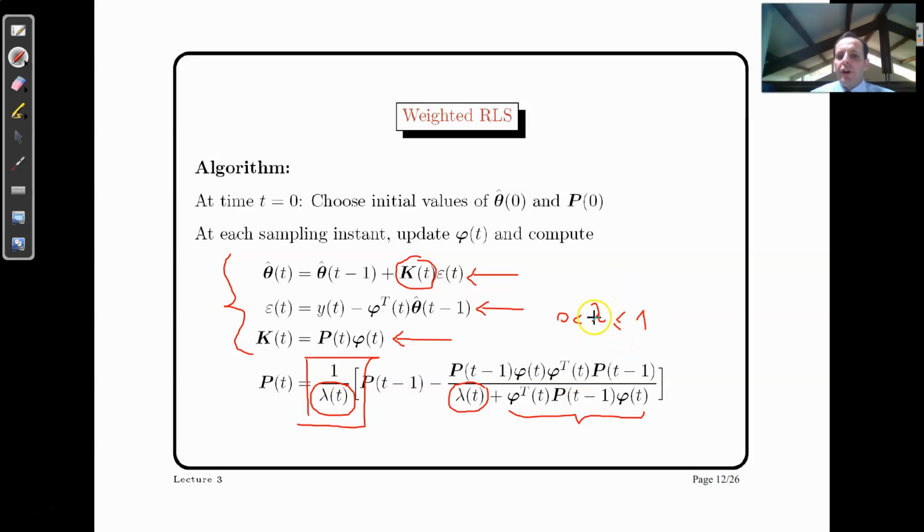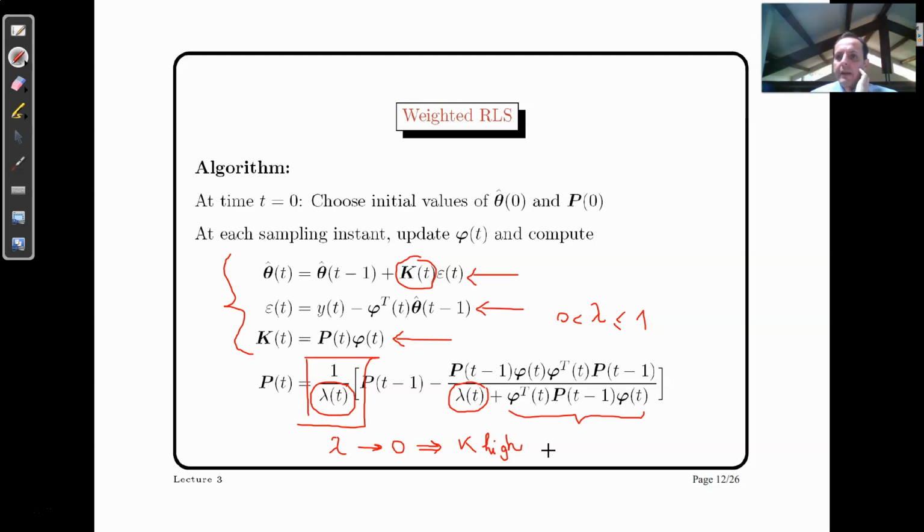And if you notice, as soon as lambda goes near to 0, it means that P goes high and also K becomes high. So in fact, the effect of lambda can be very important, but also can be very dangerous.